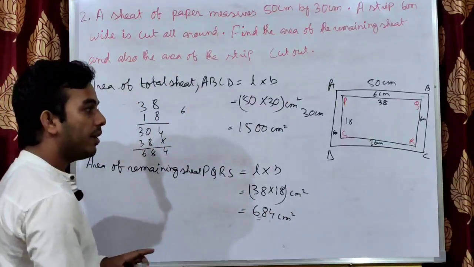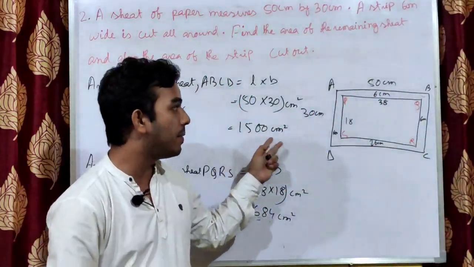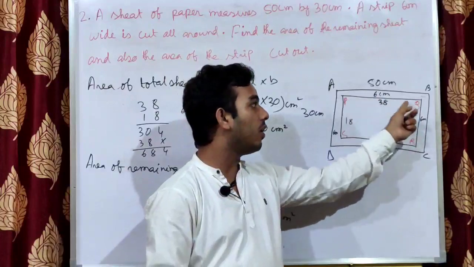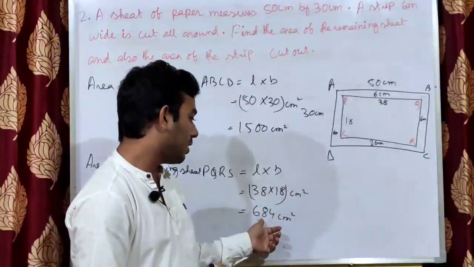Now look, we have found the area of the whole sheet, that is 1500 centimeter square. We also know the area of PQRS, the remaining sheet, which is 684.